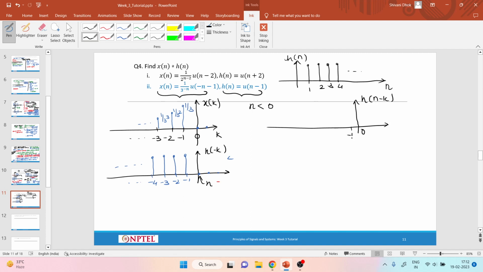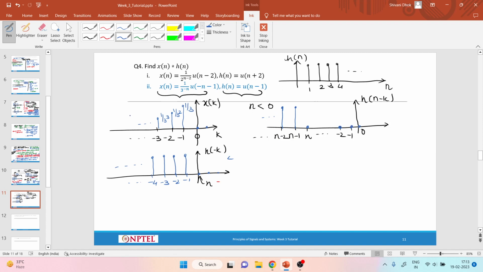This is 0, this is minus 1, this is minus 2, and let's say this is my n, this is my n minus 1, this is my n minus 2, and so on. This is now shifted leftwards, and that's why this factor, it was 0 here, and at minus 1 it was taking a value of 1, so it will be something like this, and so on, and again it will be 0 here.